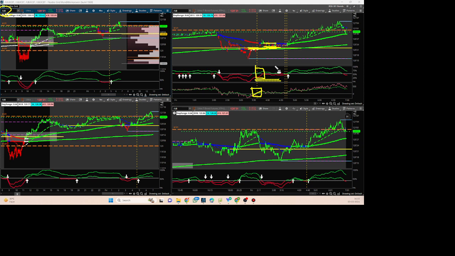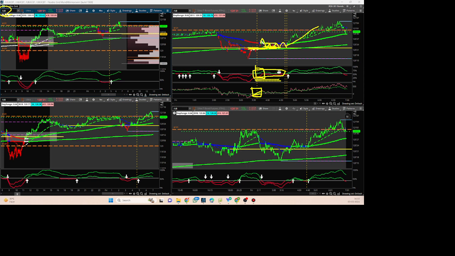But here is what I ended up doing. I saw this break without even looking at my indicator. Just because I saw this break, I knew this was a good trade. And then, it actually did a move up before it went down, and then it consolidated here, and then finally moved up.